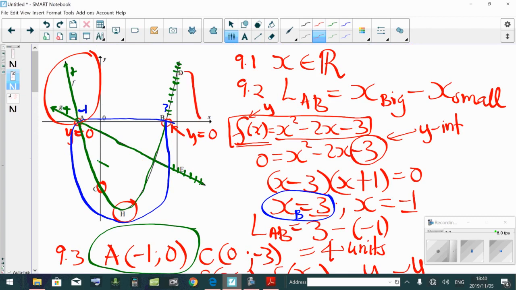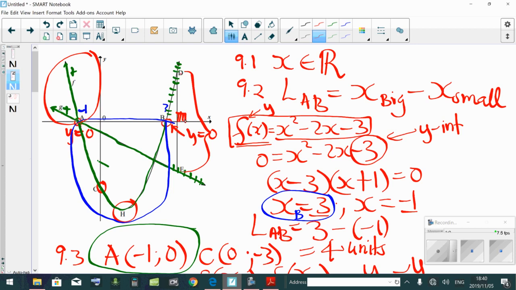Please notice that DE is perpendicular to the x-axis. This was stated in the problem. So if DE is perpendicular to the x-axis, it means the value of x is constant throughout DE. The only value changing is the value of y.